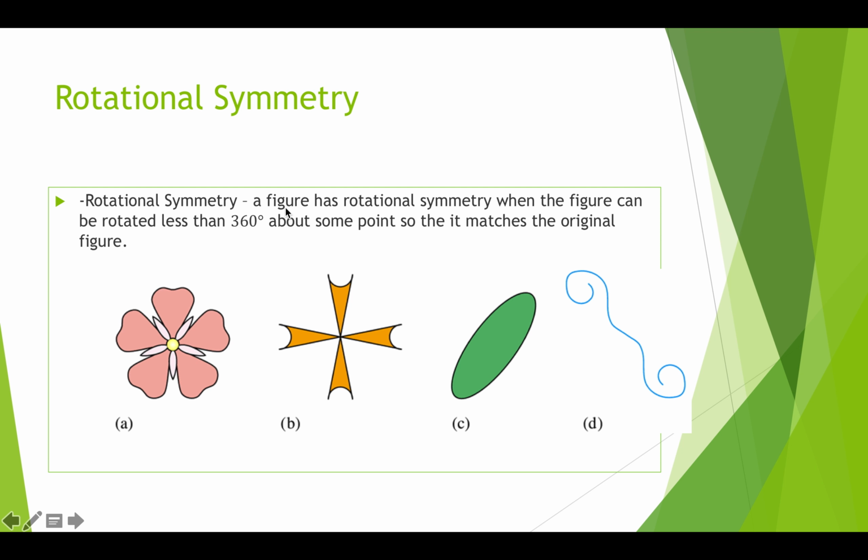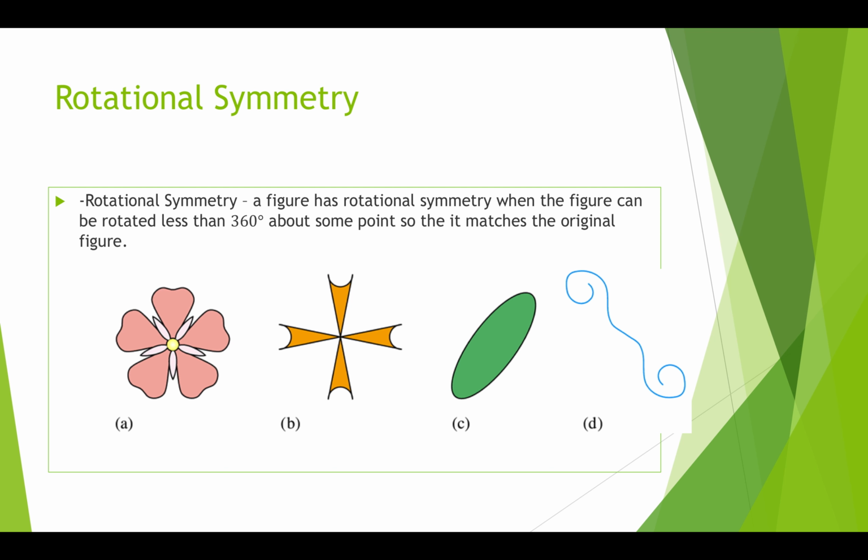We say a figure has rotational symmetry when the figure can be rotated less than 360 degrees. The reason that's important is because if you rotated it all the way to 360 degrees, you would be back on yourself. And that's really not rotational symmetry. Anything's going to end up back on itself if we go all the way around a circle.